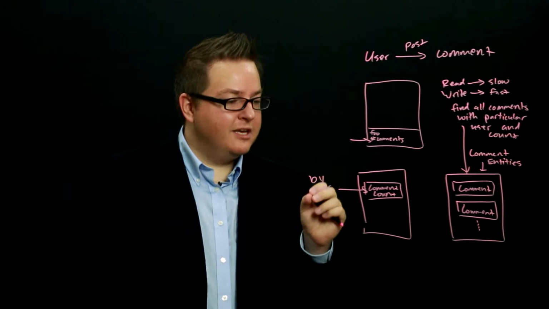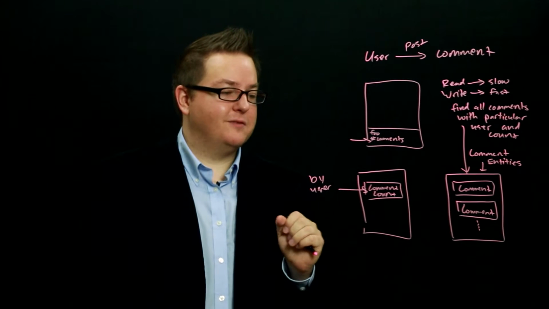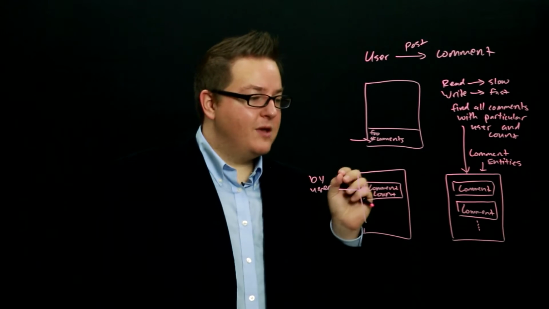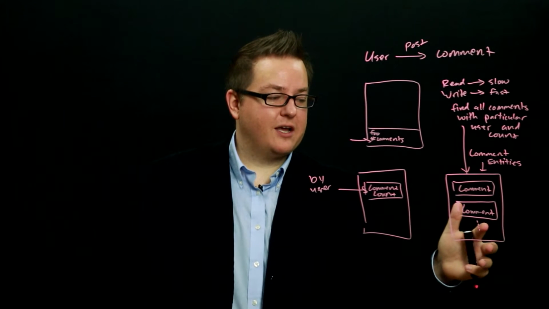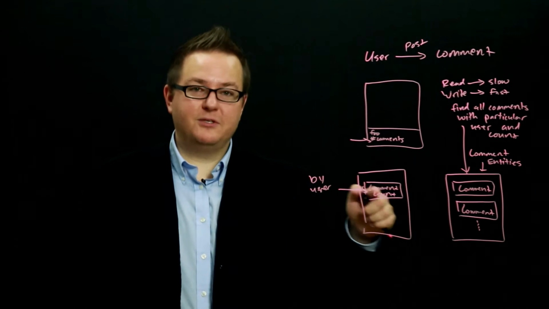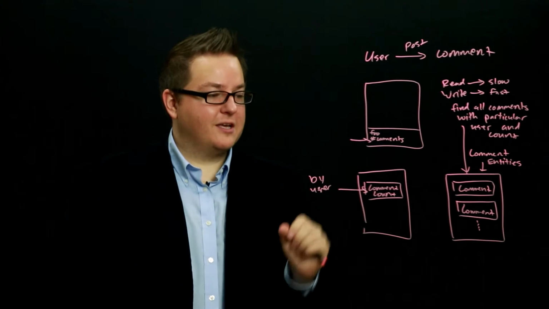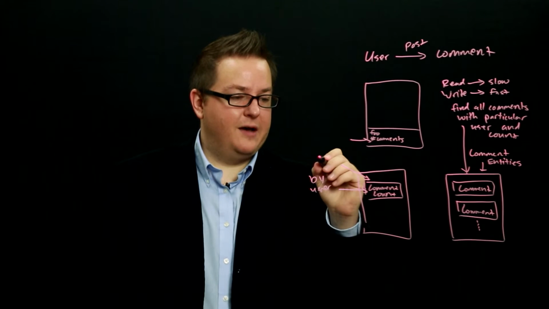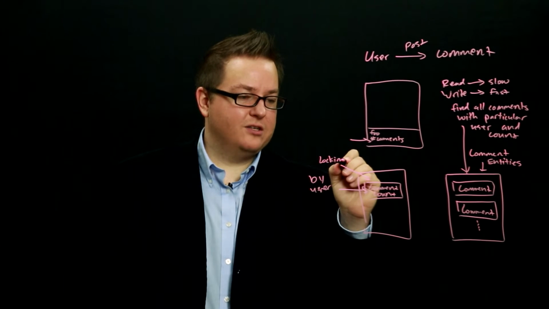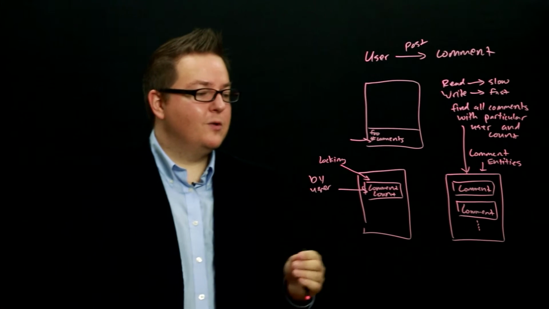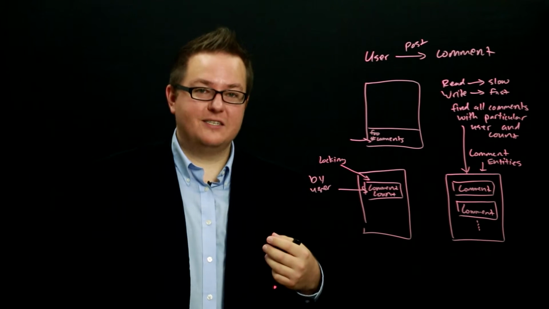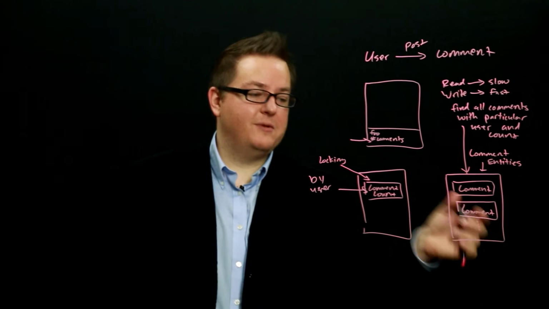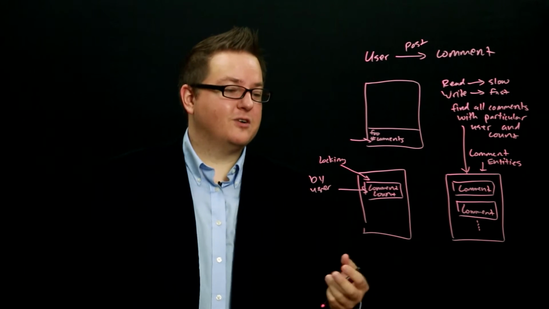So if the user posts multiple comments in a very short order from multiple tabs or something else in their browser, they will all simultaneously be trying to create comment objects here, and then simultaneously trying to write to the comment count. So we'll have to do some locking on this particular count to make sure that we don't end up with inconsistent data. Also, we'll probably want to have some type of transaction to make sure you can't add a comment and not update the count, or vice versa.